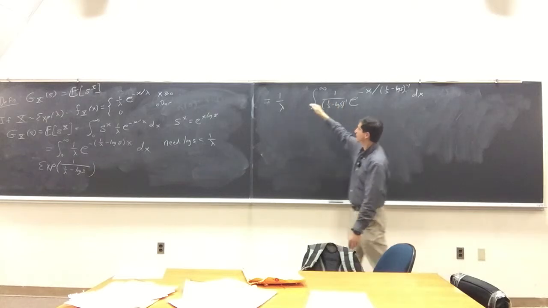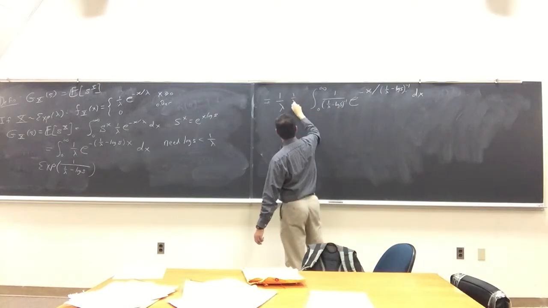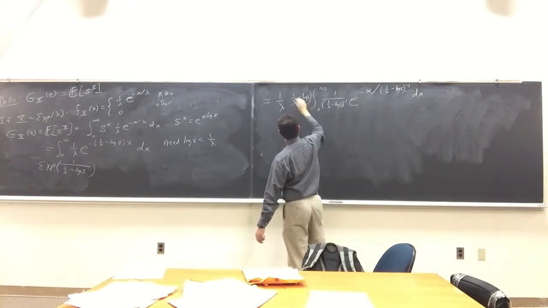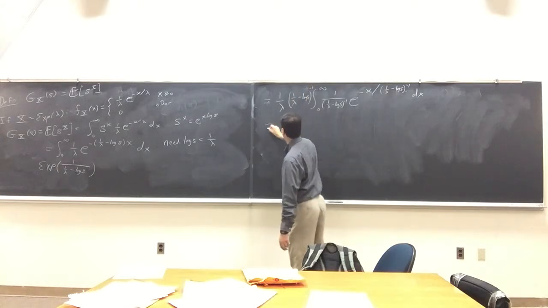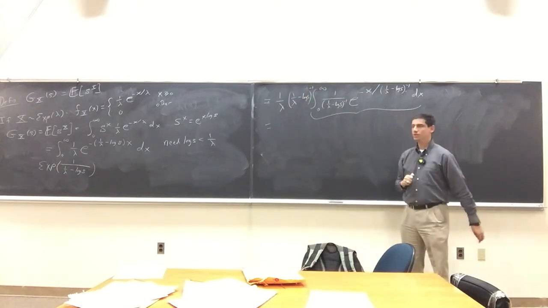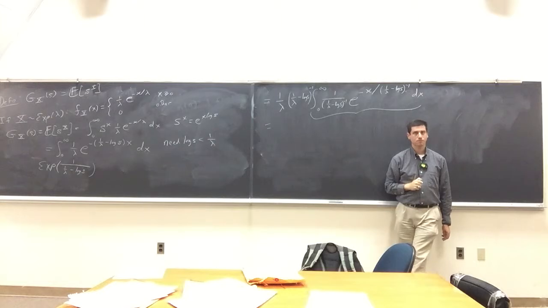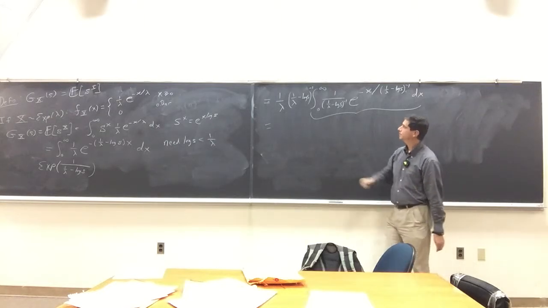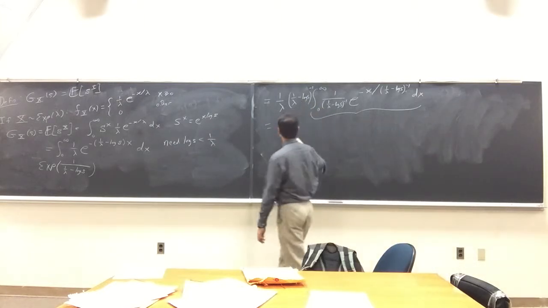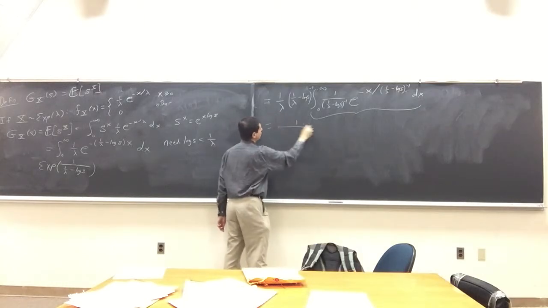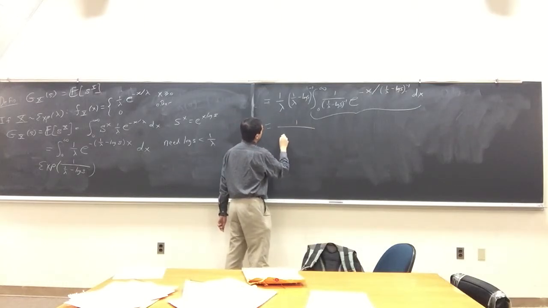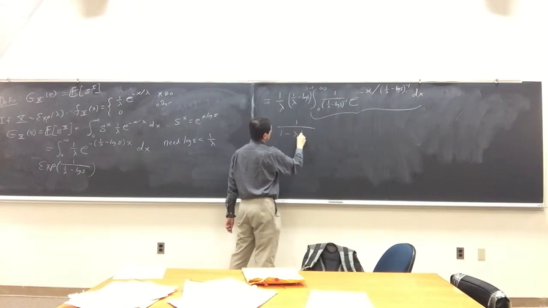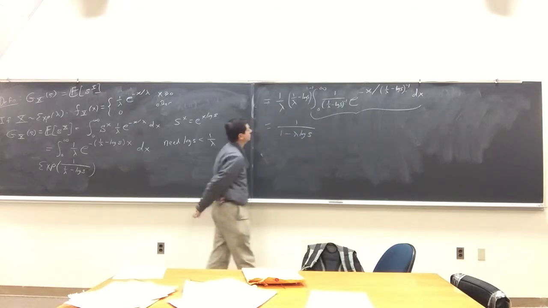And then I have to multiply by 1 over lambda minus log s inverse. What is this integral equal to? So you go to 1. So then I have a 1 over this. The lambda comes in, and I get 1 over 1 minus lambda log s.